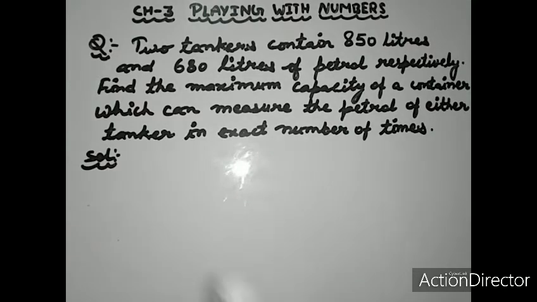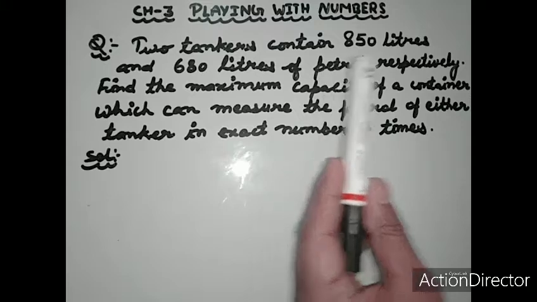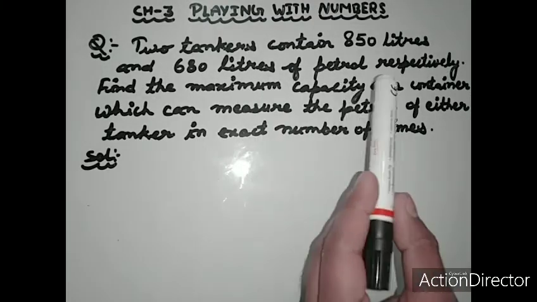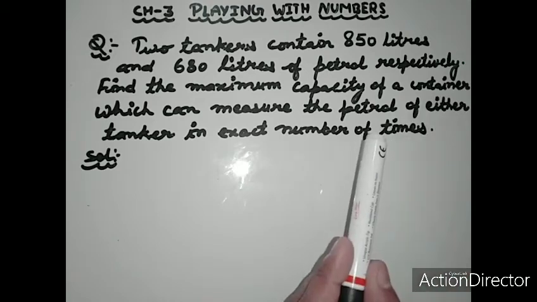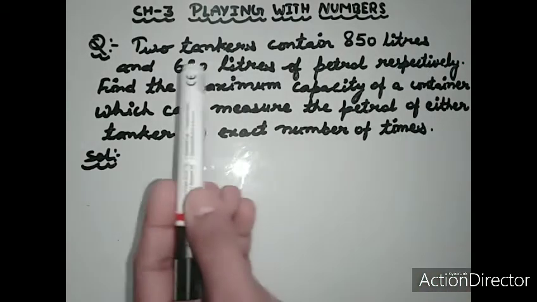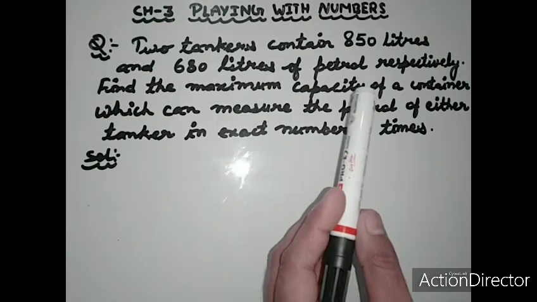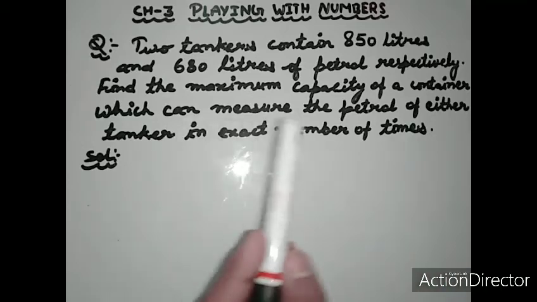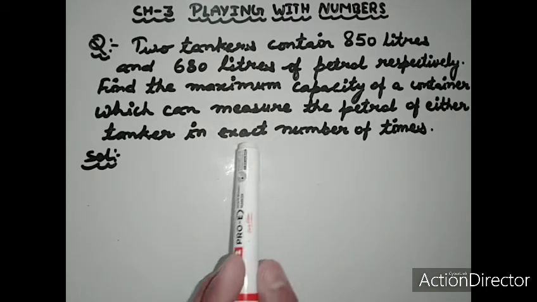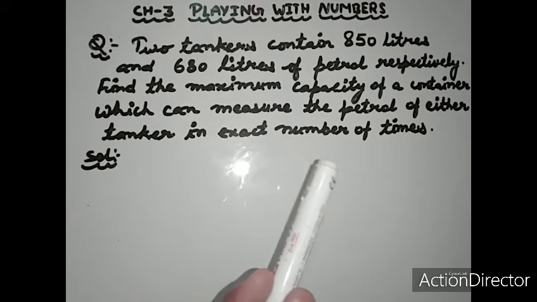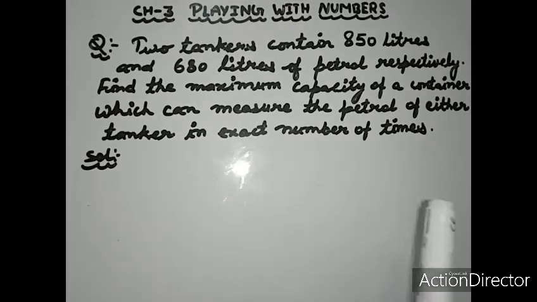So now the question is, two tankers contain 850 liters and 680 liters of petrol respectively. Meaning the first tanker contains 850 liters of petrol and the second tanker contains 680 liters of petrol. Find the maximum capacity of a container which can measure the petrol of either tanker in exact number of times. So here we learn applications of SCF.